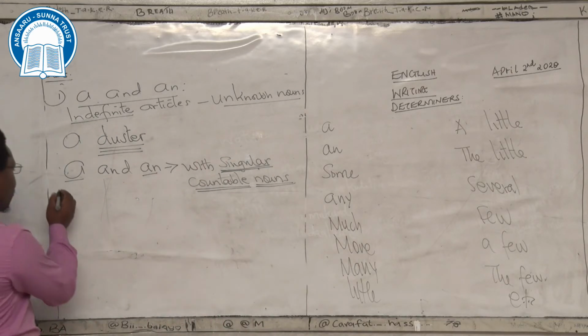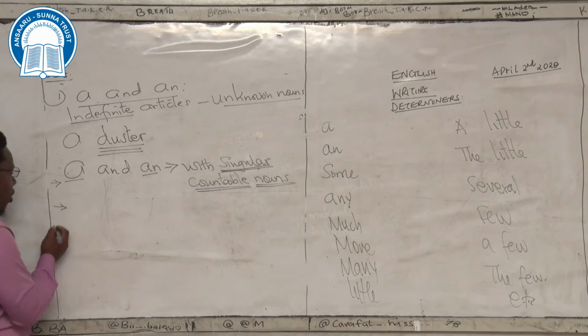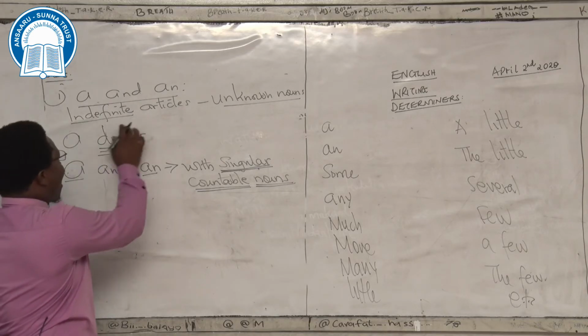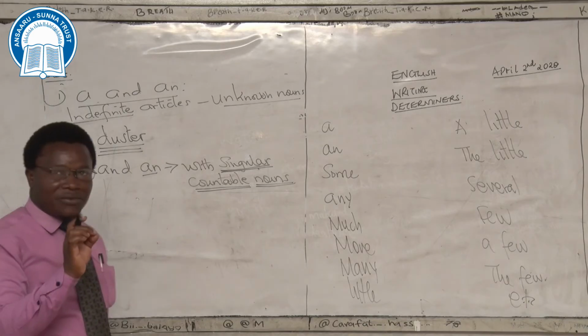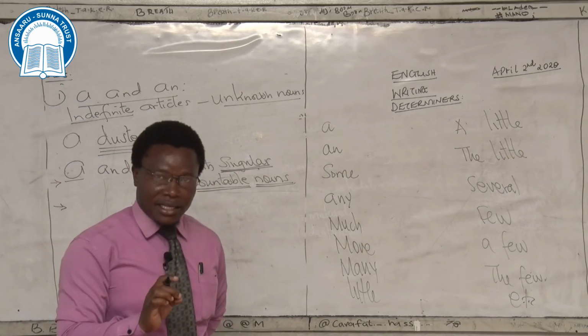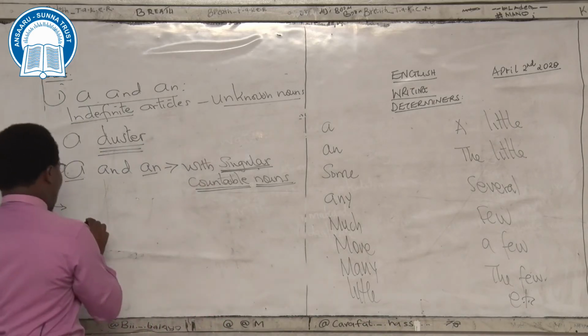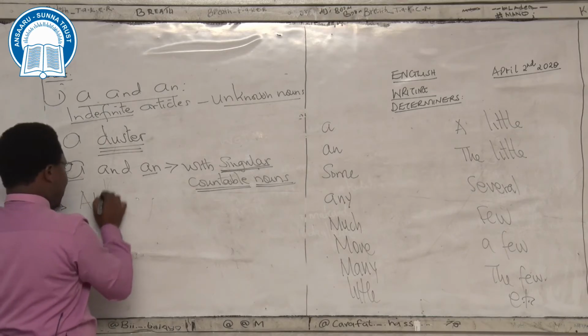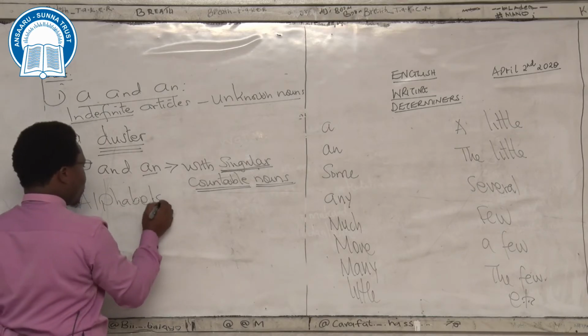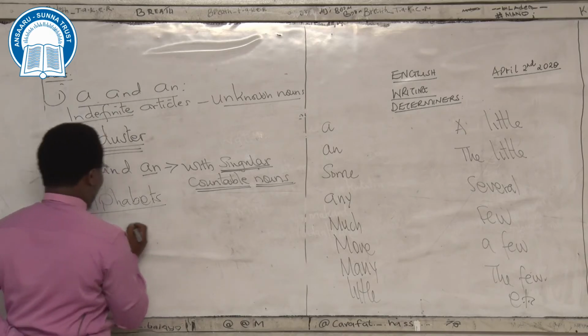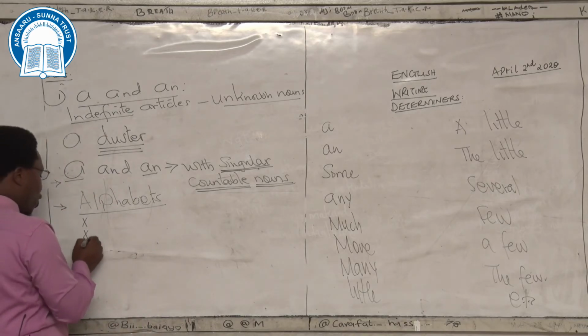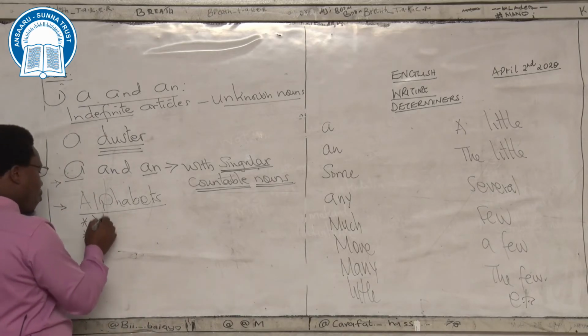Point number 2. For us to be able to use a and an successfully in sentences, we need to remind ourselves of the alphabets. The alphabets are put into two categories.